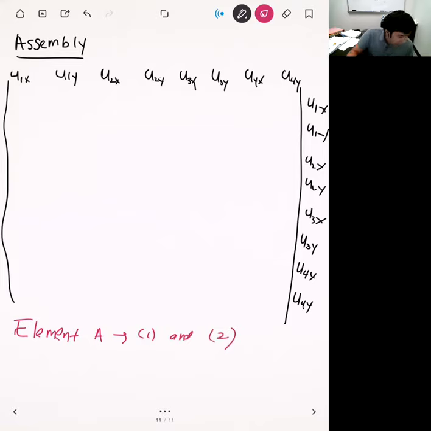All right, so let's do element A first. So element A is acting on nodes 1 and 2. So let's go ahead and highlight all of those rows and columns. Okay, and so element A is just like that. Right, and so we take in all of the U1X, U1Ys, U2X, U2Ys.